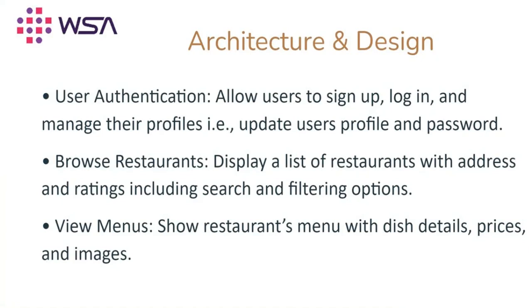And the view menu is just the page which shows the restaurant's menu. When a restaurant has a menu card, it will display all the details of the items provided there, their prices, and a few images of new and famous items which are present there.